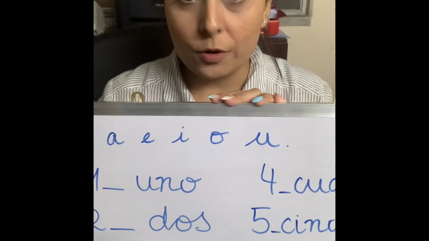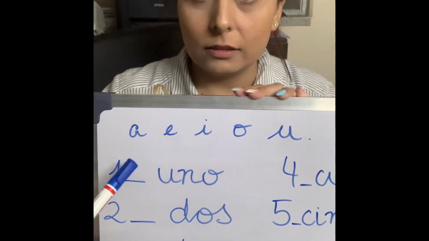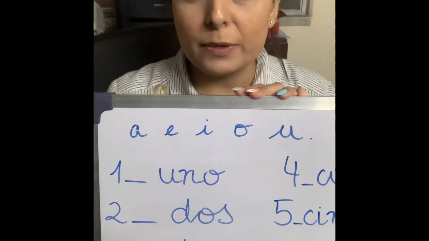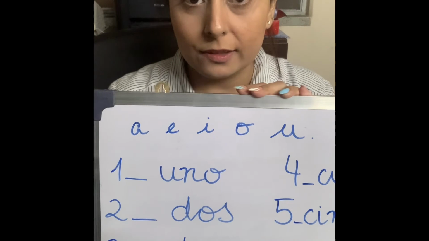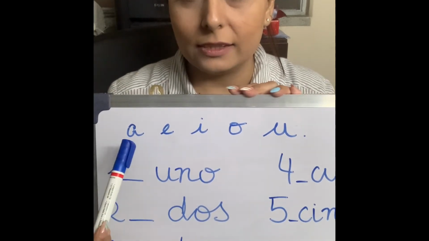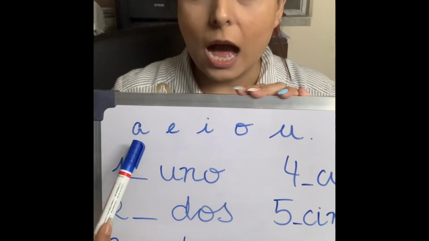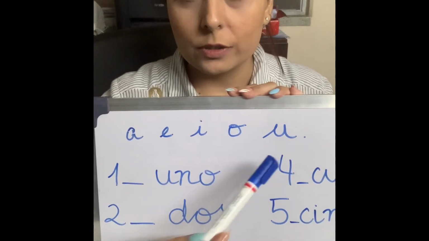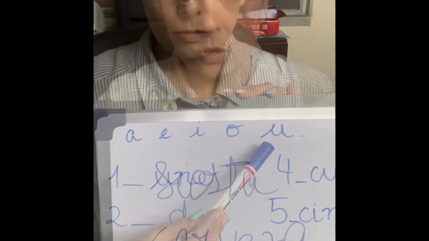So I hope that with the pronunciation with these letters, you will be able to read the numbers much better. All you need to remember is how you are supposed to pronounce the alphabets A, E, I, O, U.